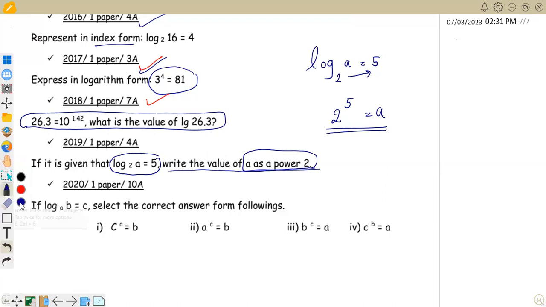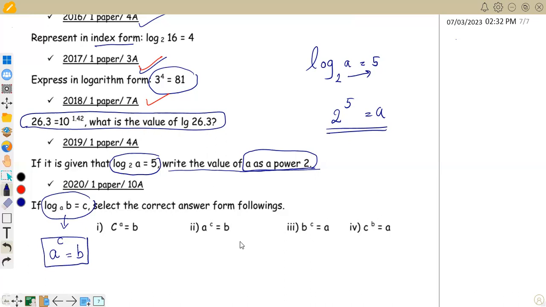The 2020 question is: logarithm of b to the base a equals c. You are given the log form, then convert this into index form. Base is a, index is c, then the answer should be b. Then a to the power of c equals b.